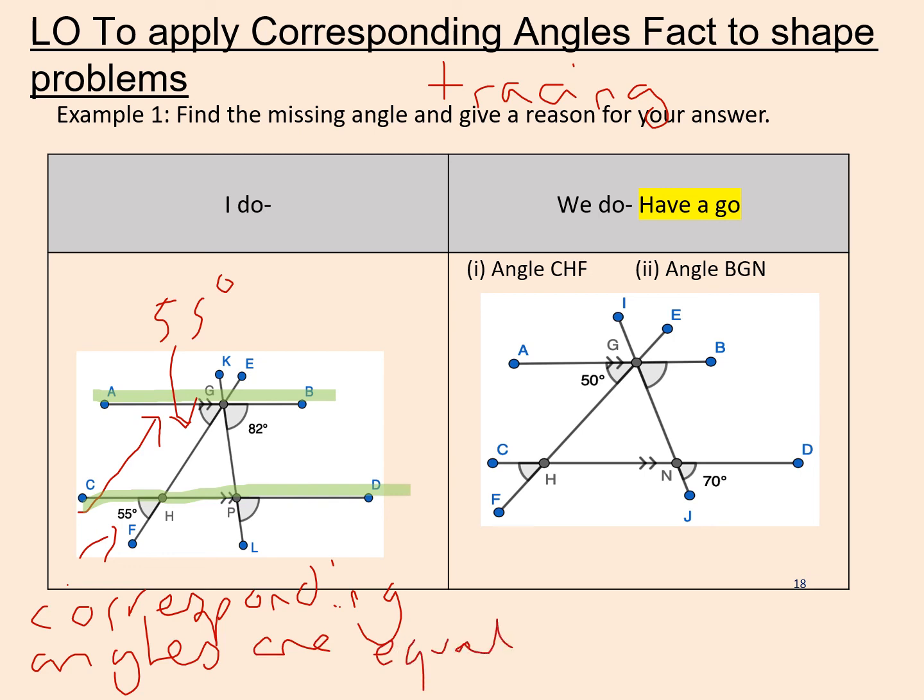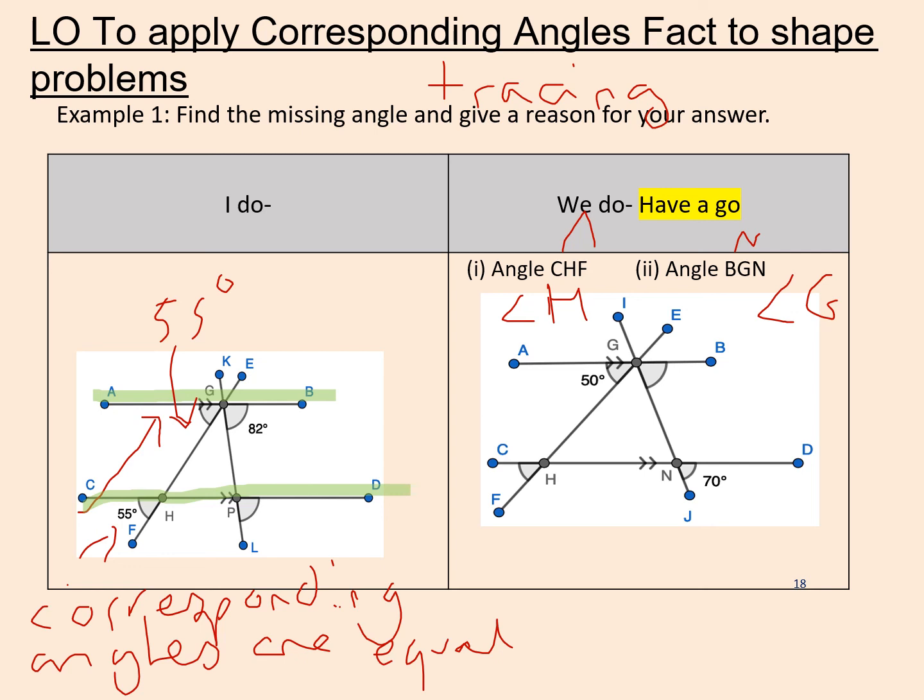Okay, pause the video while you find me angle CHF, and you find me angle BGN, angle G. Can you tell me what those are? And I know, of course, you're going to write me corresponding angles are equal.